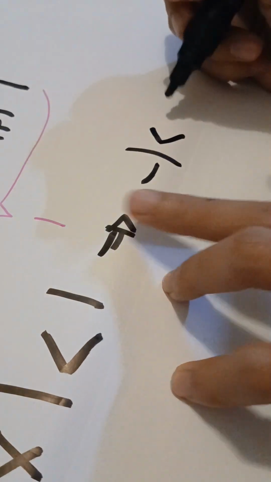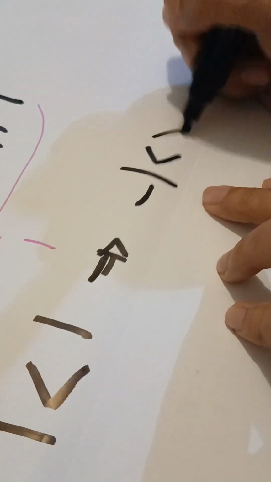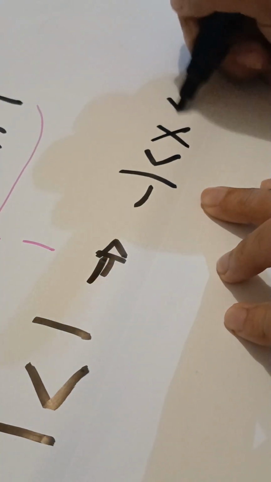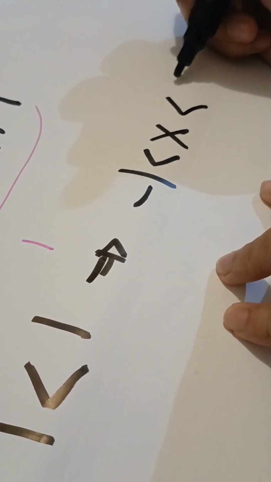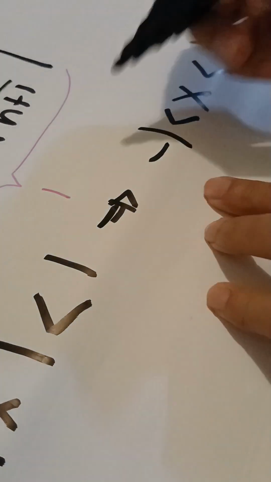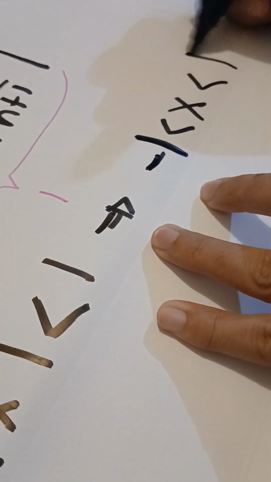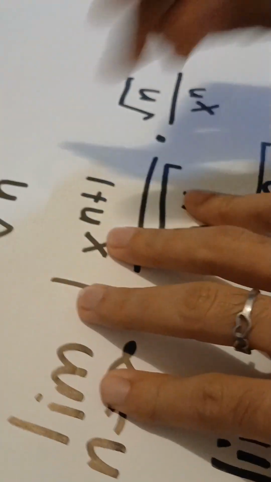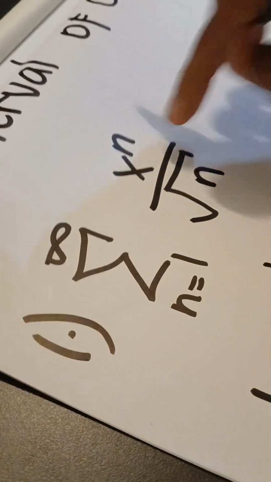So what we have at this point is that if you take any number between -1 and +1 and plug it in for x in our original series, then it's going to converge. But now we have to check the endpoints separately.